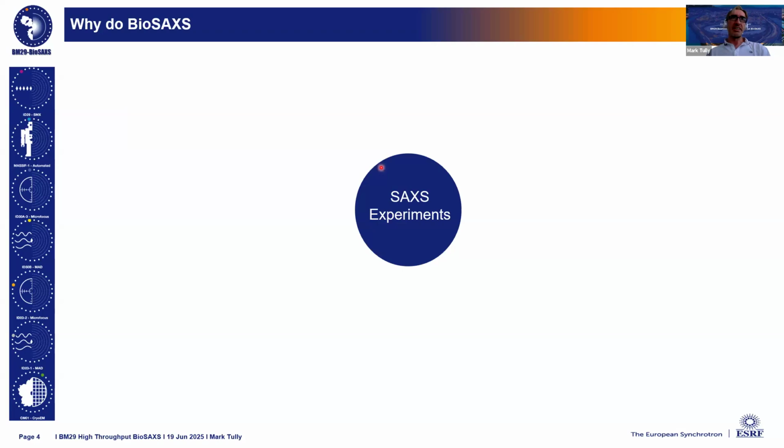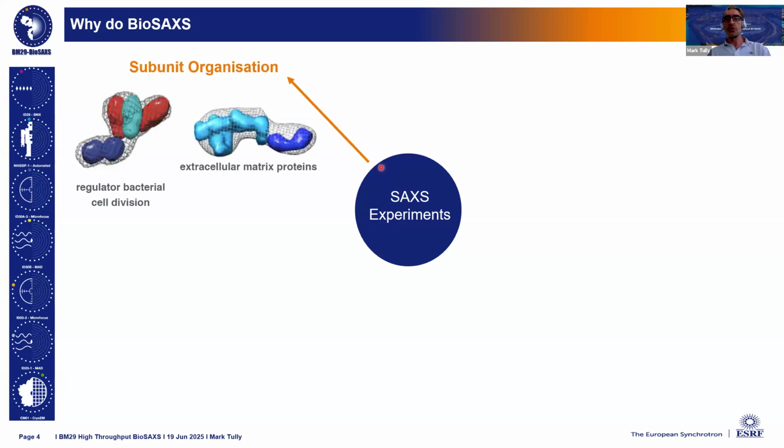Where BioSAXS excels is when it's used in conjunction with other techniques, with crystallography, for instance, because we can measure these multi-domain proteins. So we could take the crystal structure from one domain and then model it within another larger domain.